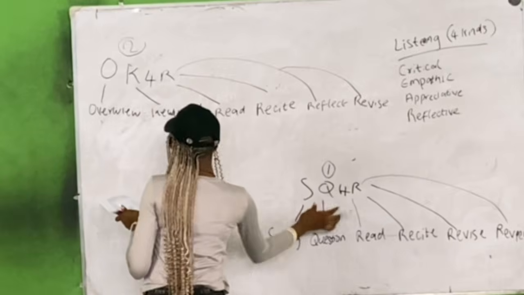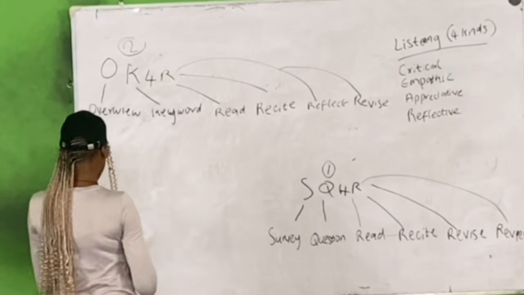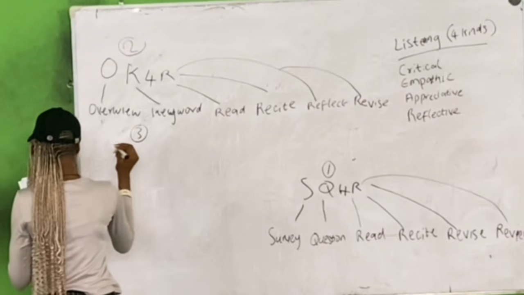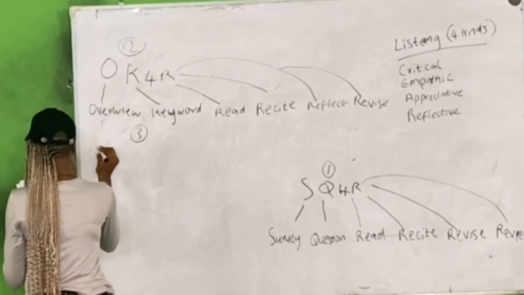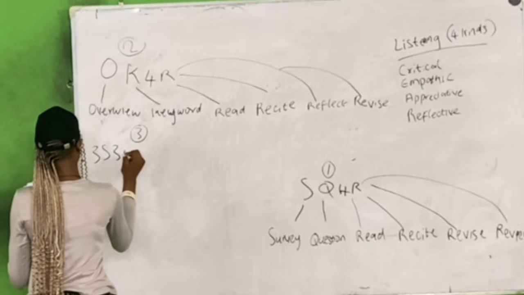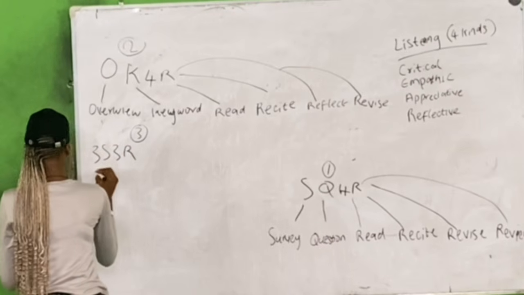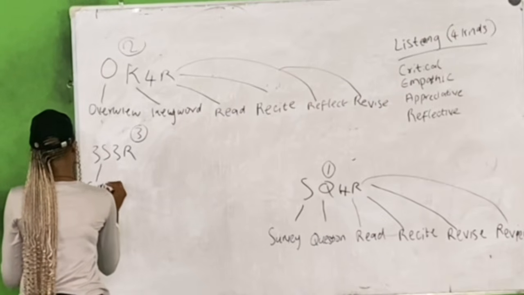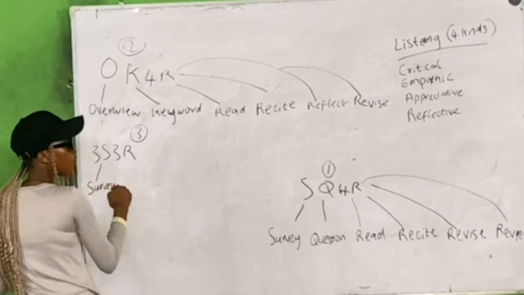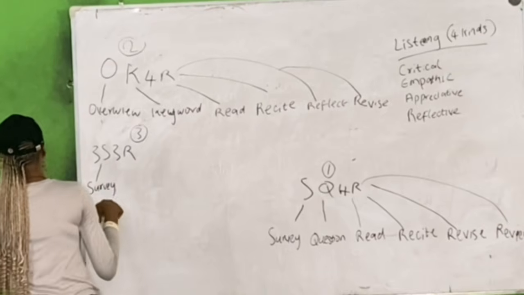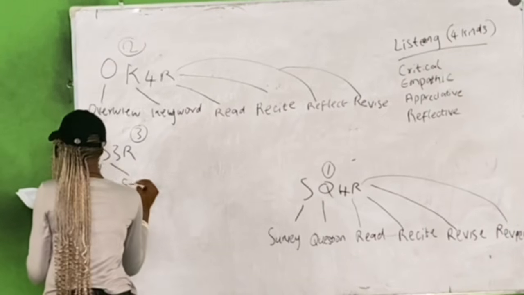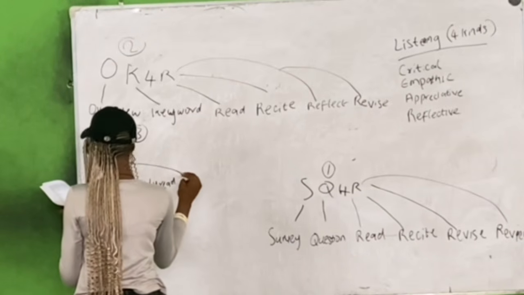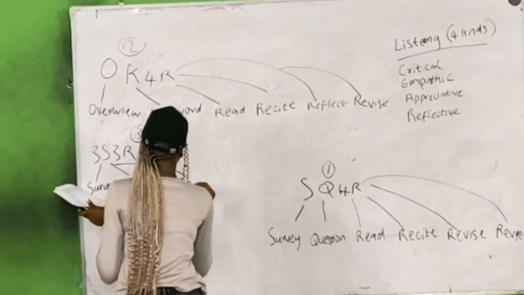This one is the first one, and it's very common. This particular SQ4R. This third one involves three S and three R. We have survey, study, read, and speed read.